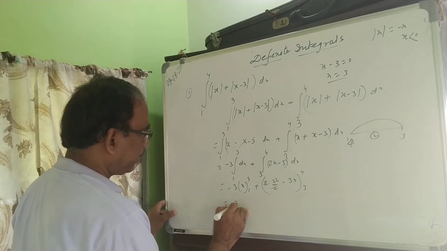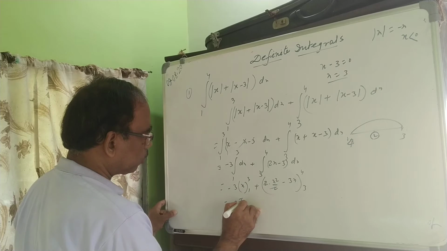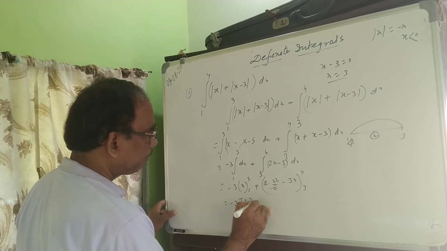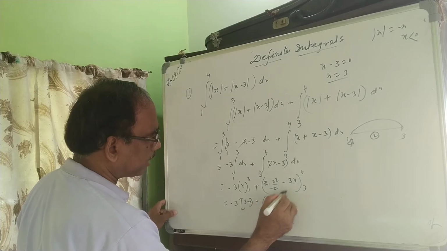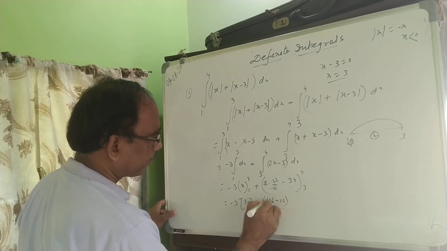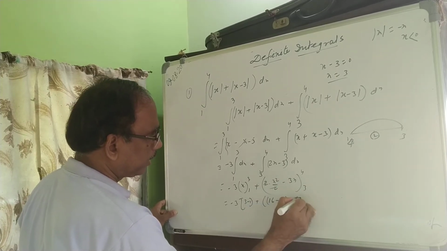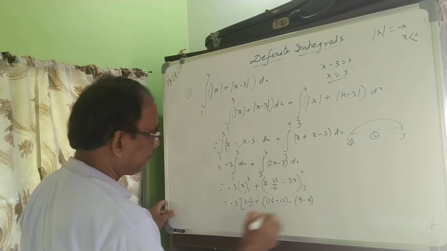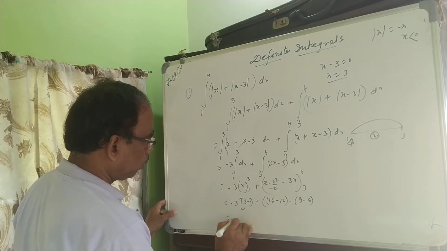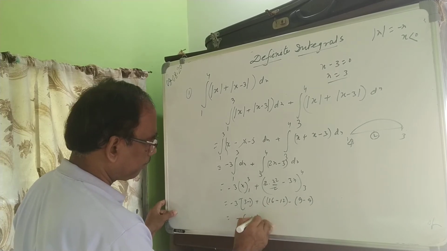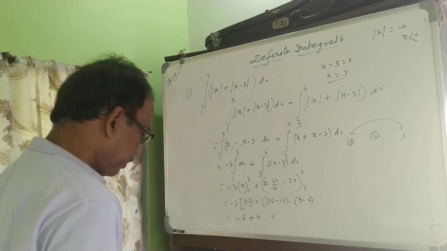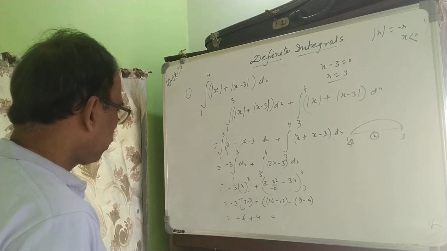Now put the upper limit and lower limit: 3 minus 1, plus upper limit 4 square, that is 16, minus 3 fours are 12, minus lower limit 9 minus 9, that is minus 6 plus 16 minus 4.